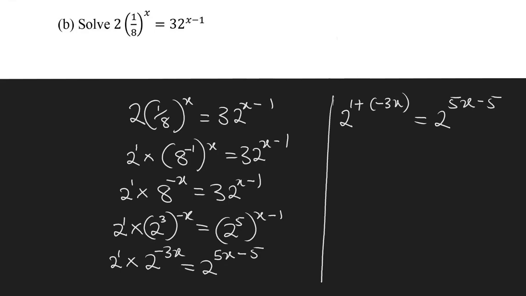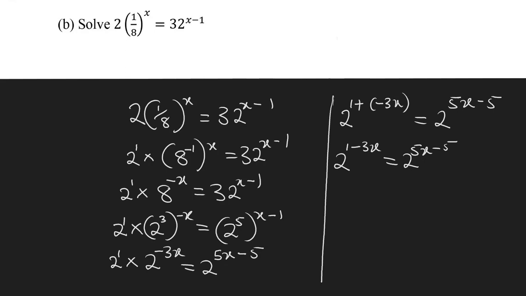And in this case, we are going to open this bracket, right? So if you open this bracket, this is going to be 2 raised to power negative, positive times negative is going to be negative. So we're going to have 1 minus 3x is equal to 2 raised to power 5x minus 5, right? So we equate the bases.